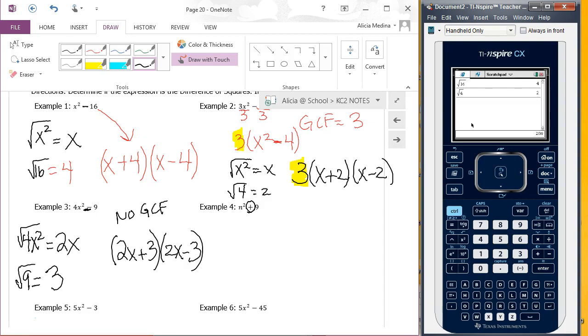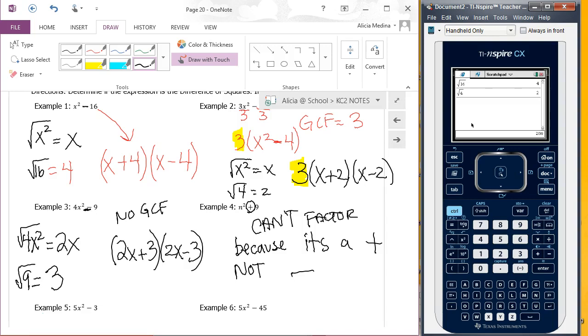So I'm just going to say can't factor, because it's a plus sign, not subtraction. Okay, can't do anything with it.